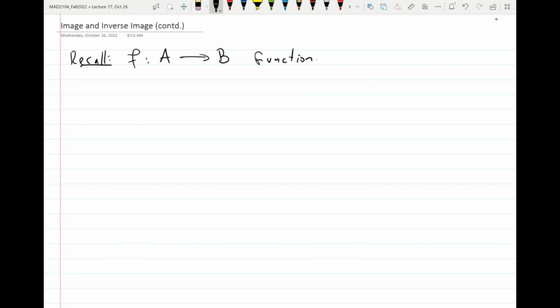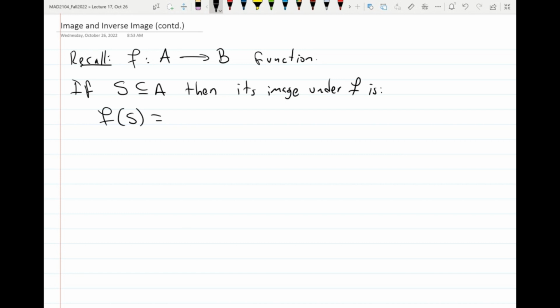So if S is a subset of A, then its image under F is the following. So this is the notation, and what is this? These are all the outputs of the elements in S. Okay, so these are all elements of the form F of A, such that A is in S.